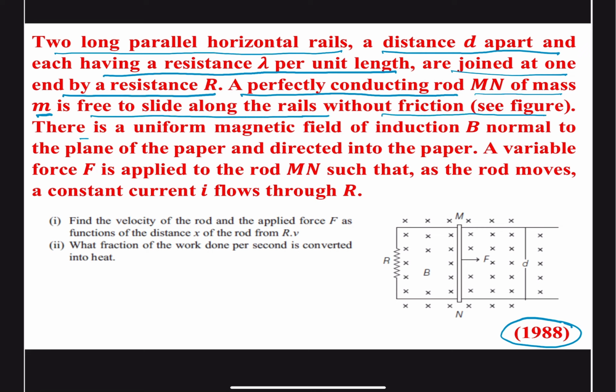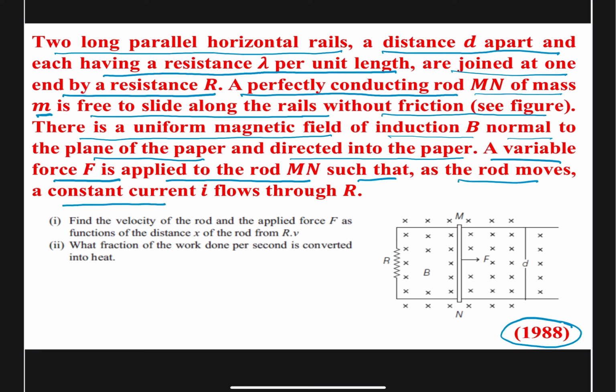There is a uniform magnetic field of induction B normal to the plane of the paper and directed into the paper. A variable force F is applied to the rod MN such that, as the rod moves, a constant current I flows through R.